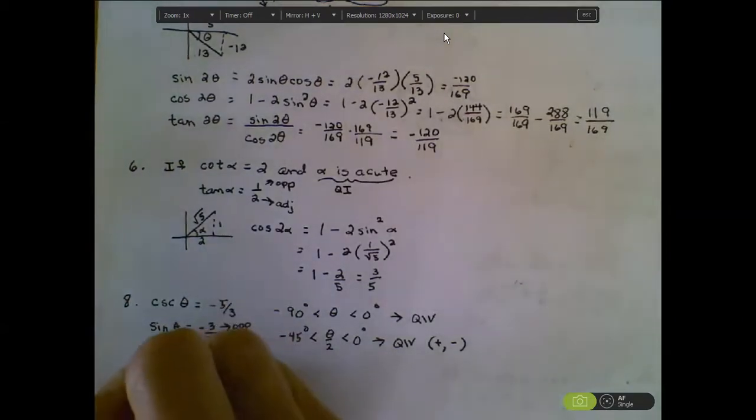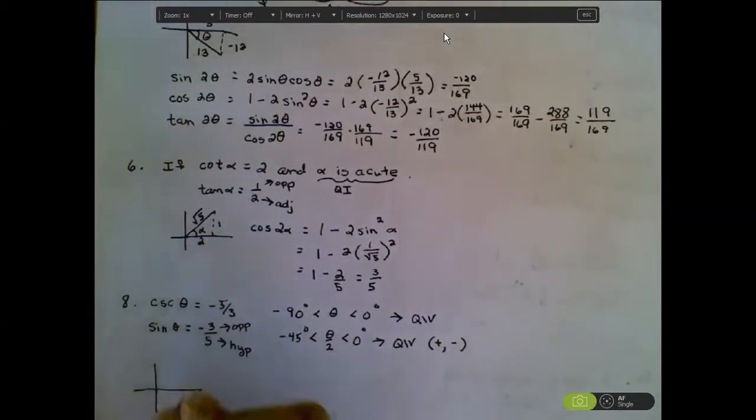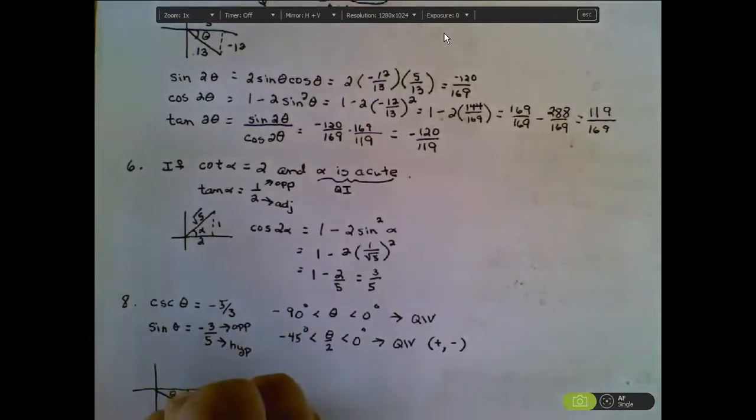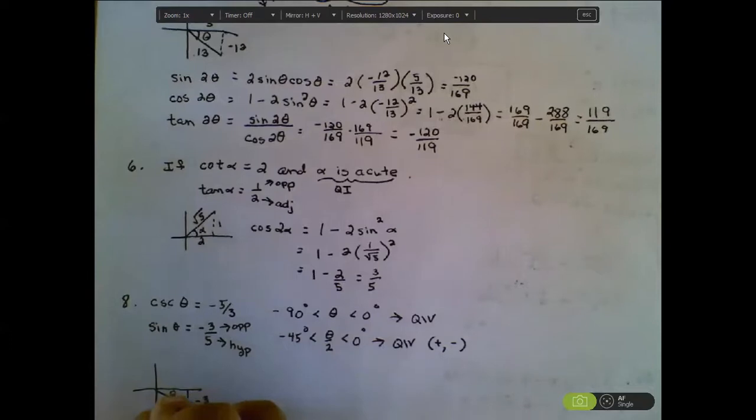So a 4th quadrant angle whose opposite is -3, hypotenuse 5.